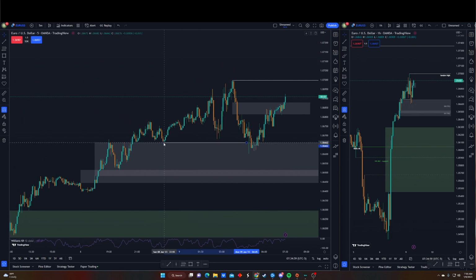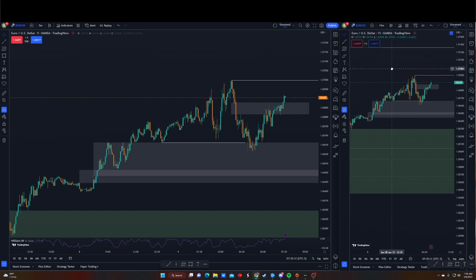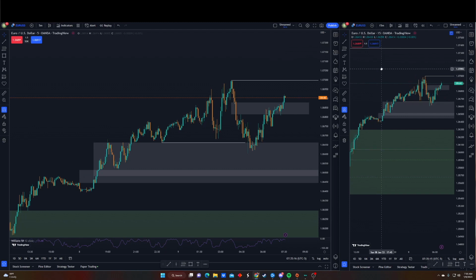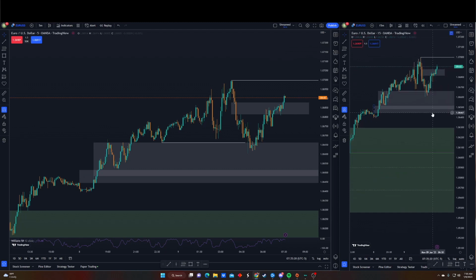Even though we're going straight for that high, I don't really see anything that I would be entering in except that 15-minute. Oh, this is on the hourly. I'm going to put that on the 15. A little gap there, a really small gap. That would have been my entry, but that gap occurred at 6:30.